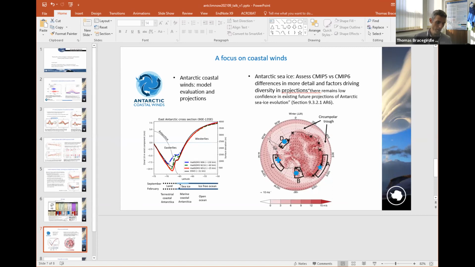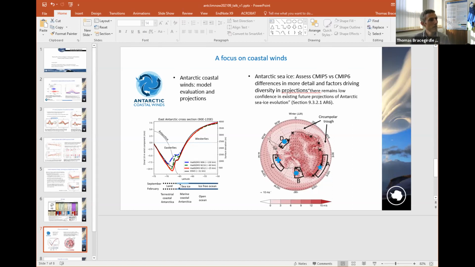And by comparing the CMIP5 and CMIP6 ensembles, it looks like we're able to explain some of the differences in the projections that seem to be related to the difference in global surface temperature change, and others that seem to be related to local factors. And by comparing the two ensembles, it looks like it's possible to tease those two factors apart.